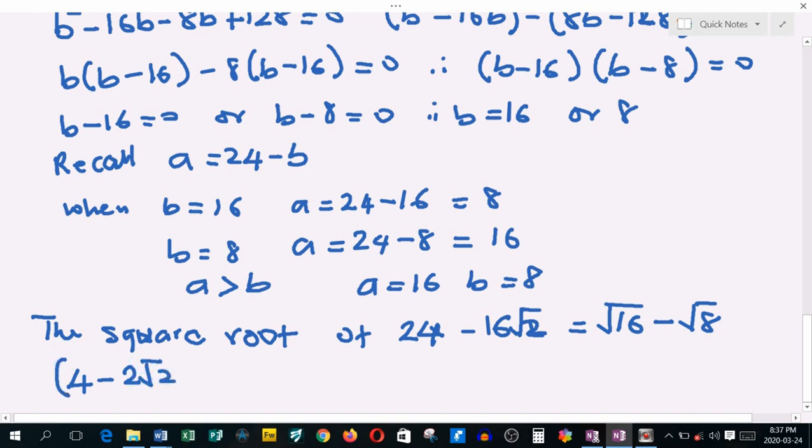So when we square this, we get 24 minus 16 root 2. So this is our answer.